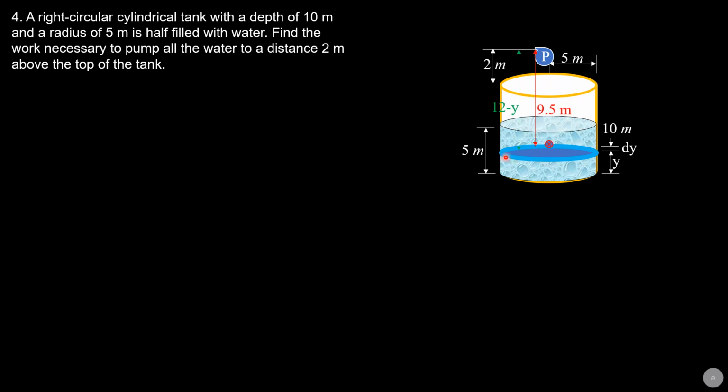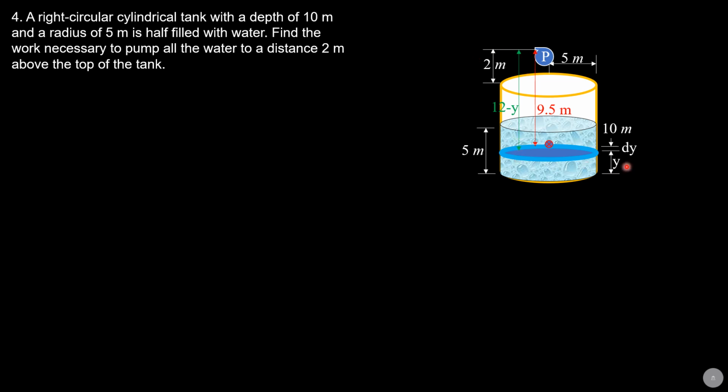So this is the level at any time, and this is a circular plate or disc. The differential volume is pi radius, which is constant 5 square, thickness dy. Multiply that by specific weight of water, 9.81 times pi 5 squared dy, and that is the differential weight to be disposed to a level 2 meters above the top of the tank.